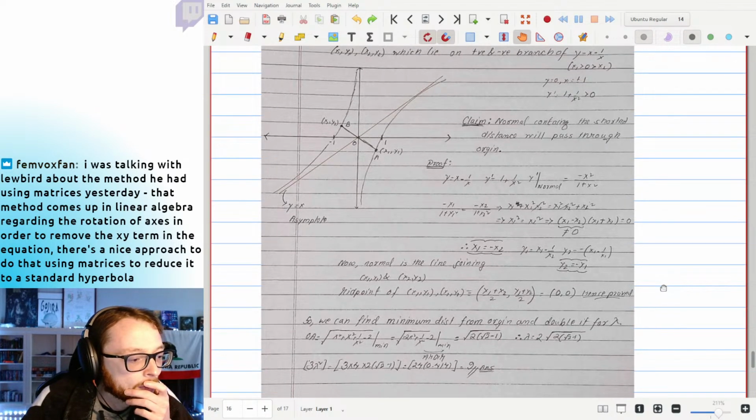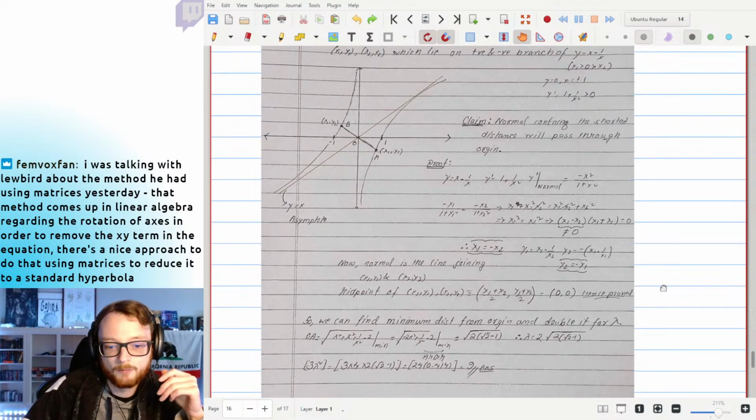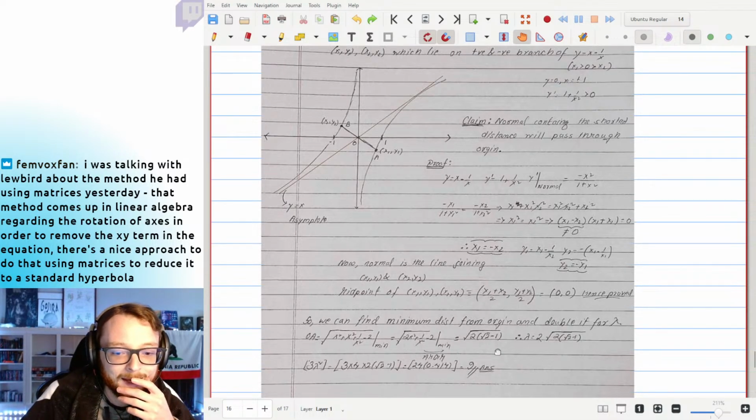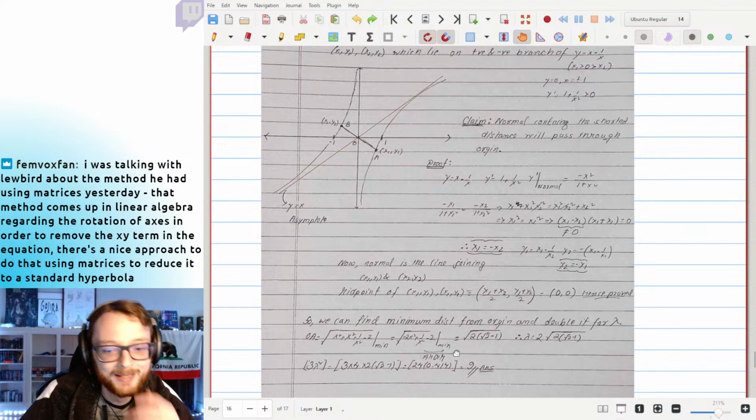Oh, okay, so the actual question wasn't asking you to find the minimum distance. They were asking you to find the square of the distance times 3. I guess that's engineered to give you a whole number.